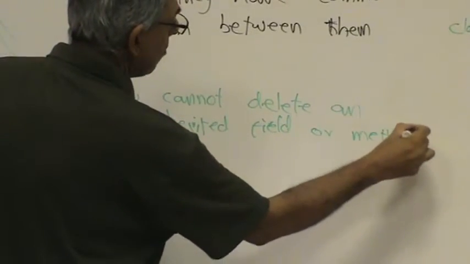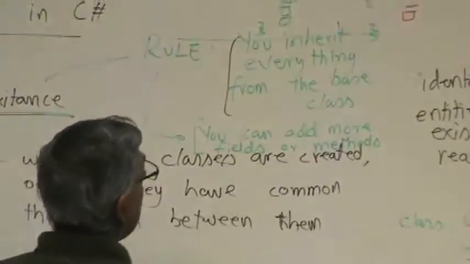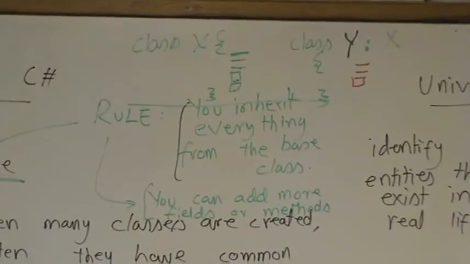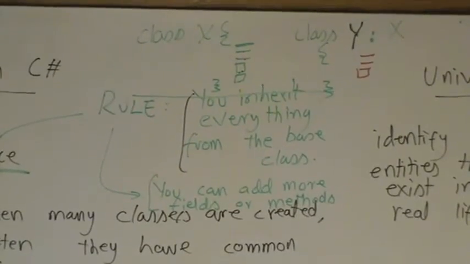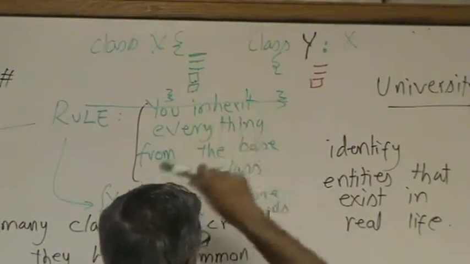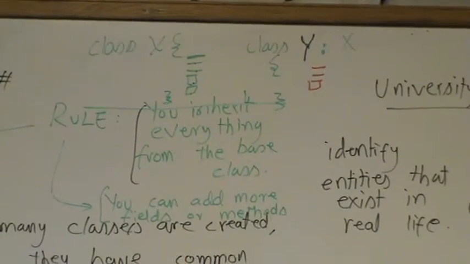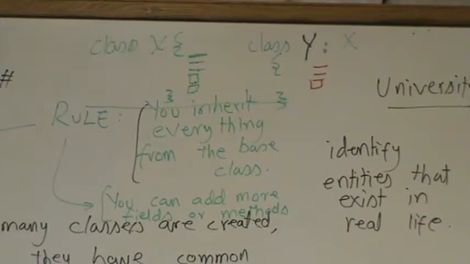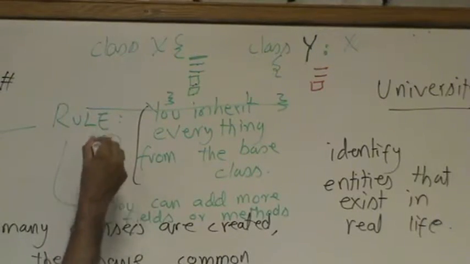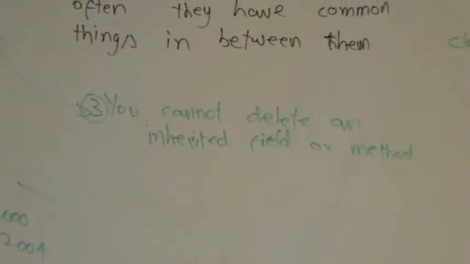For example, let's say you don't want the top field over here for whatever reason. If you inherit it from here, you will always get this. There's no way you can remove it. So because of these 3 rules of inheritance, you inherit everything, you can add more things, you cannot delete anything that you are inheriting from.